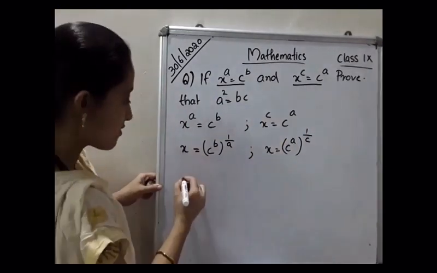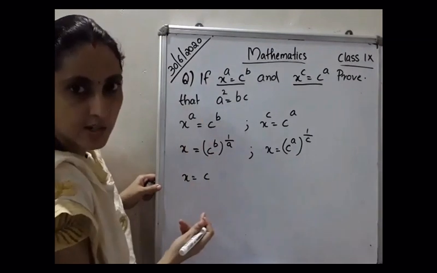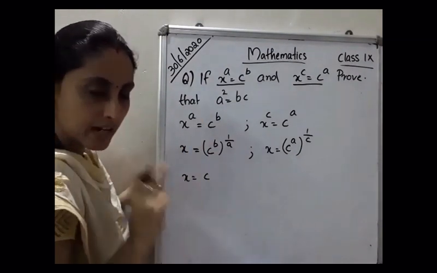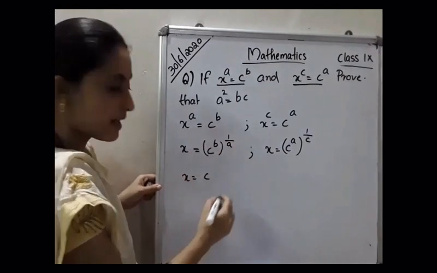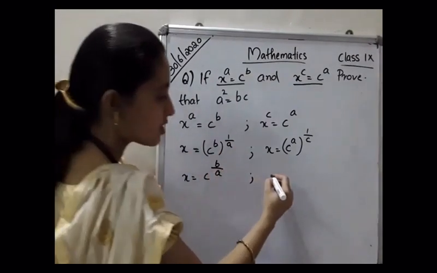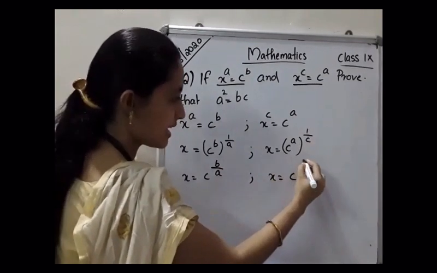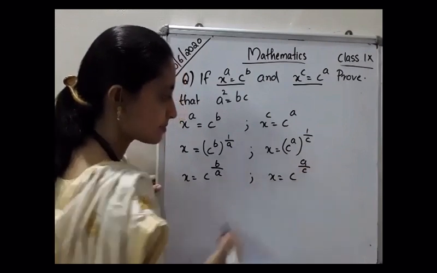From this we can write x is equal to c raised to b, times 1 by a, using (a^m)^n = a^(m·n), that is b by a. Then here also x is equal to c raised to a into 1 by c, that is a by c.